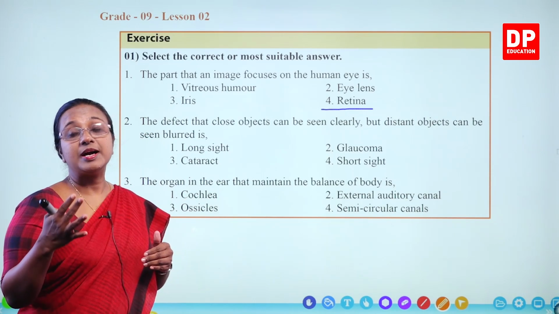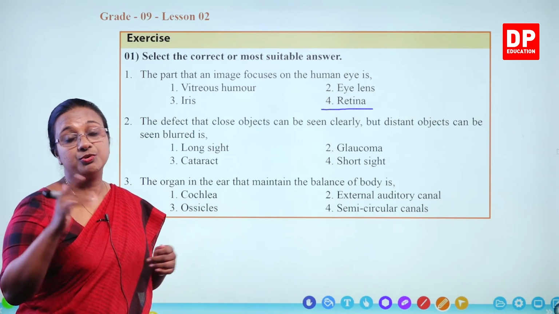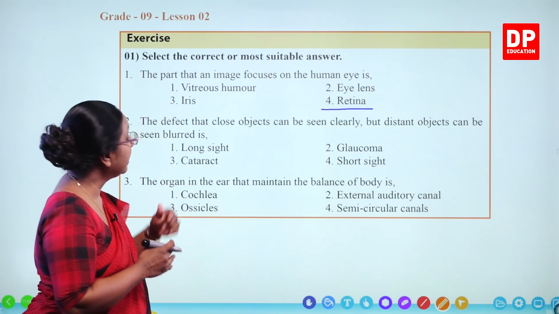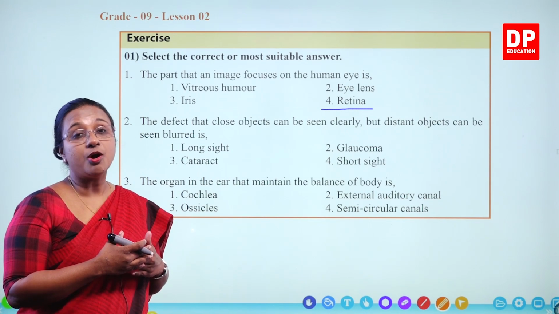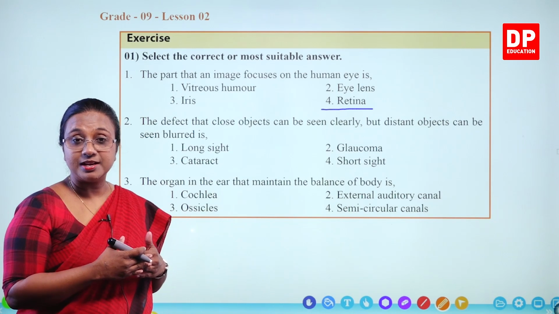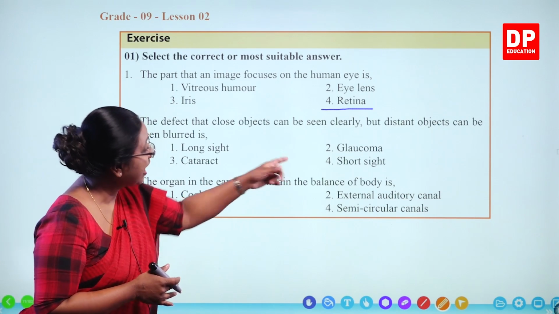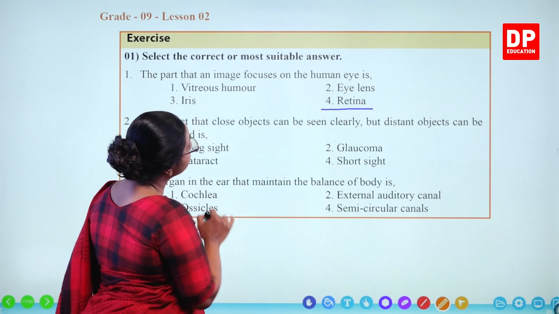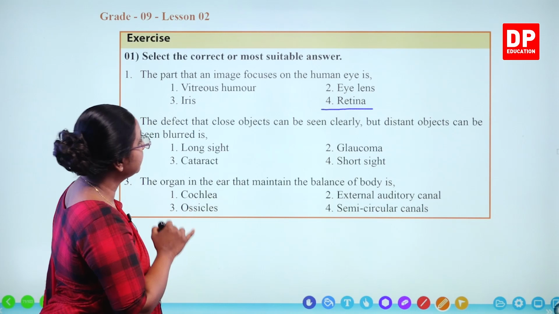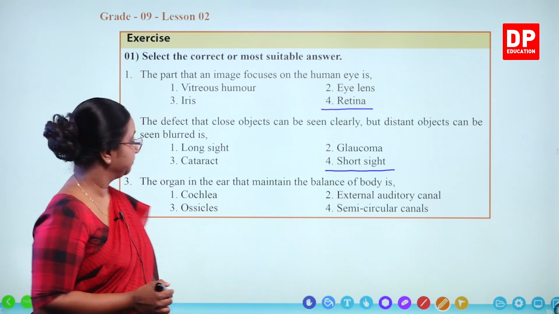Glaucoma is the reduction in vision or vision range due to the damage to optic nerve. Then cataract is again the opacity or the reduction in transparency due to the denaturation of protein, and short sight is the correct answer. So, the defect that close objects can be seen clearly but distant objects can be seen blurred, that is short sight.